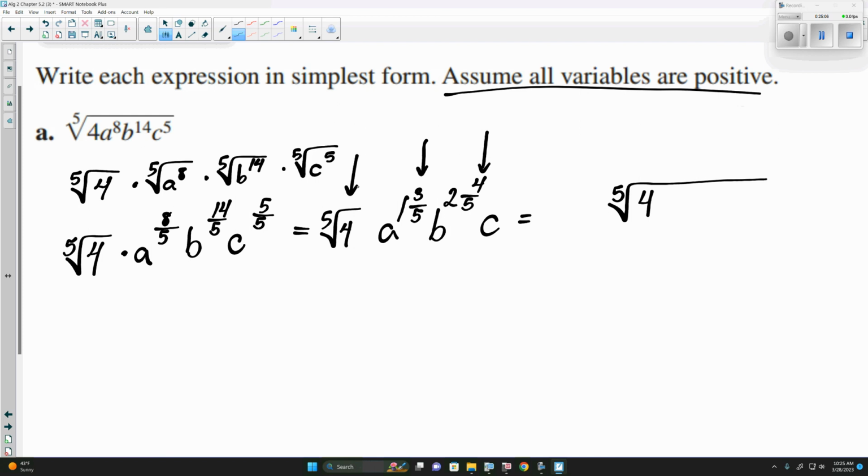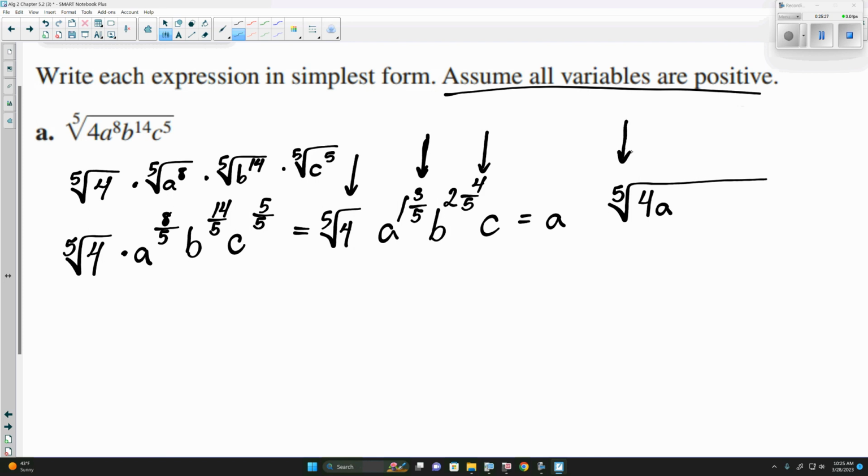Now let's look at A. A's was 1 3/5, yes? So how many A's come out? 1. How many stay inside the radical? So 3/5. The fifth is part of what?